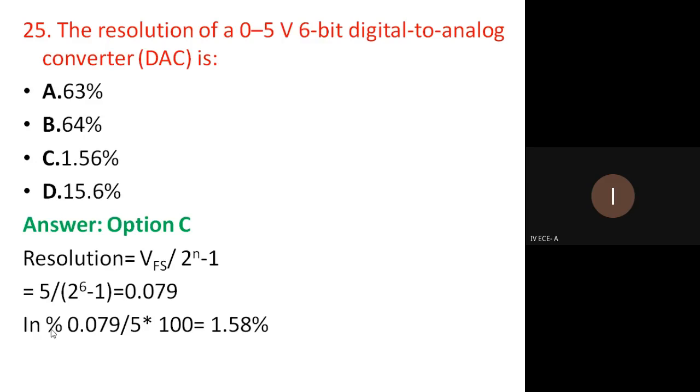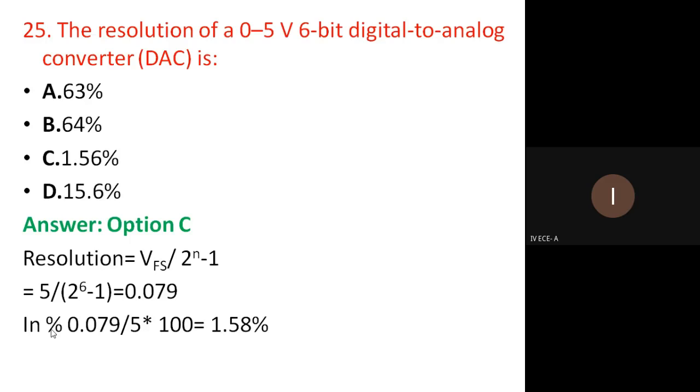Then the 25th problem. The resolution of a 0 to 5 volt 6-bit digital to analog converter is: option A, 63%; option B, 64; option C, 1.56; option D, 15.6. Here the answer is C. The basic formula: resolution is equal to VFS divided by 2 to the power n minus 1.